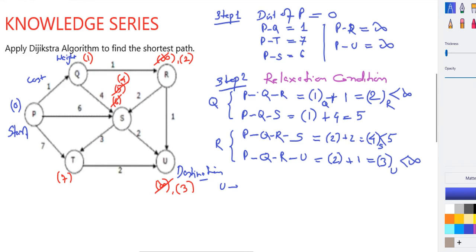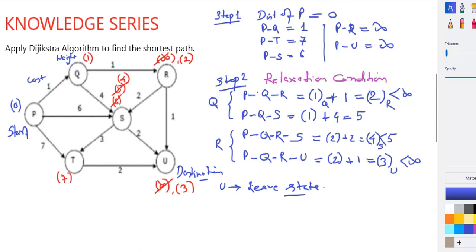Every link is tending towards U. So we cannot do any shortest edge, and we do not have any edge going out. That's why we leave this particular state.